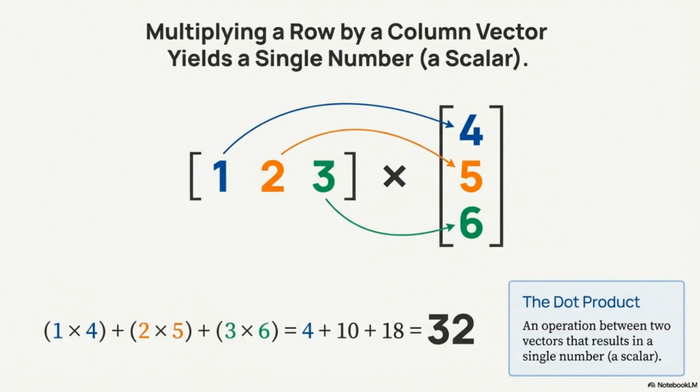Then we add them all together: 4 plus 10 plus 18, which equals 32. This single number, 32, is called a dot product. It is a special kind of multiplication between two vectors that always produces one number as the output. Under the hood, neural networks do this kind of dot product over and over again, just with much longer vectors.